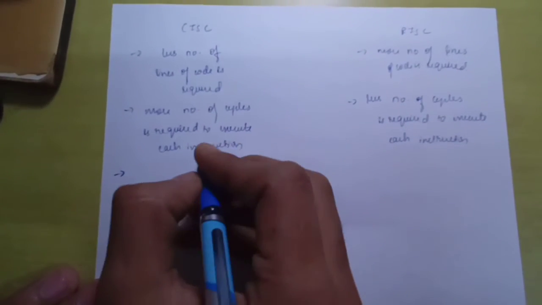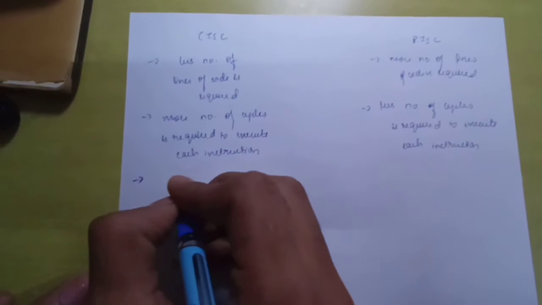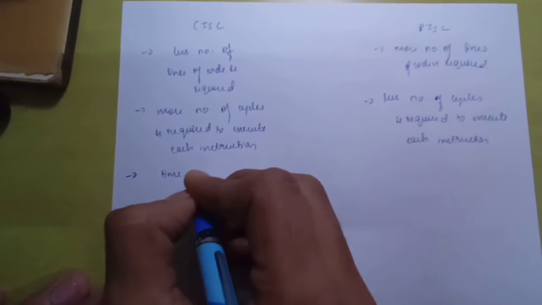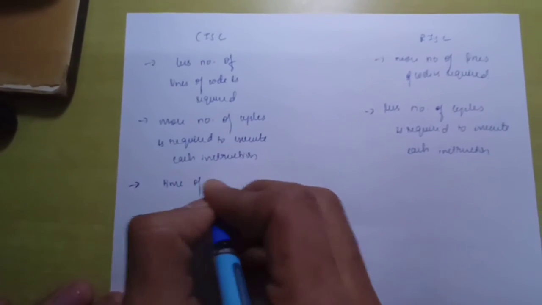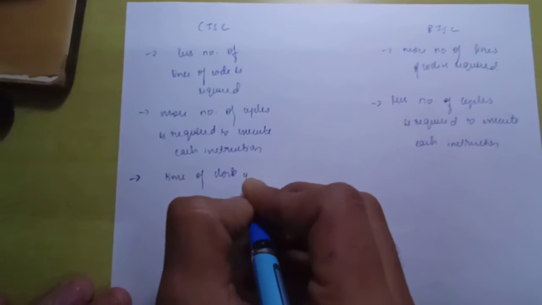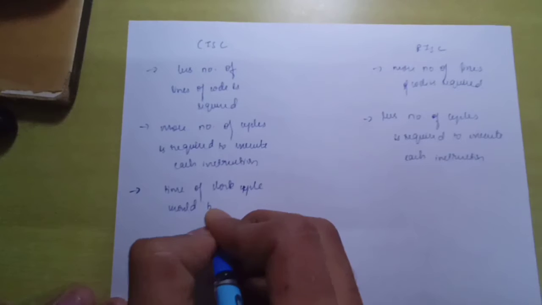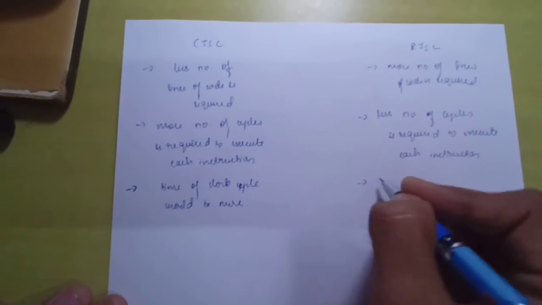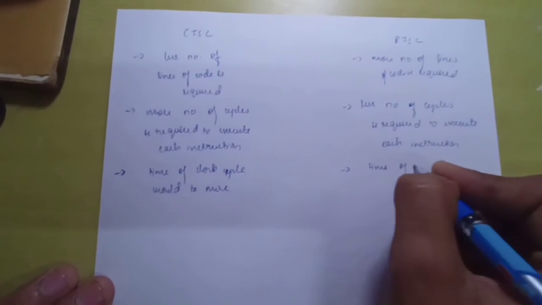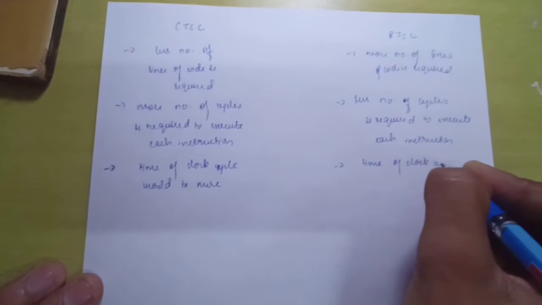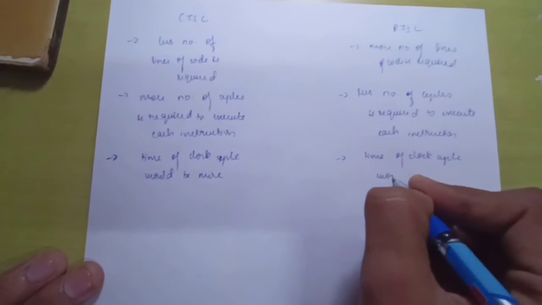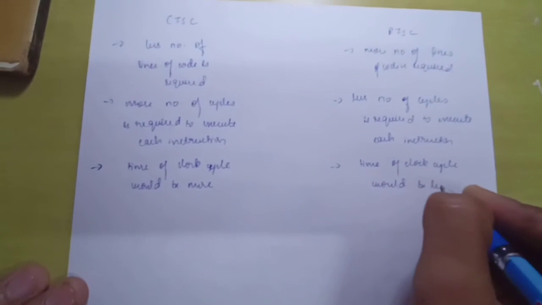The time of a clock cycle would be more in CISC, because since the instruction would be complex, the time taken by the clock cycle would be more. In RISC, the time of a clock cycle would be less.